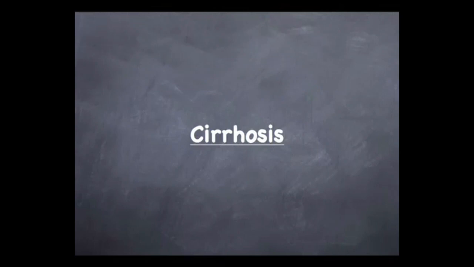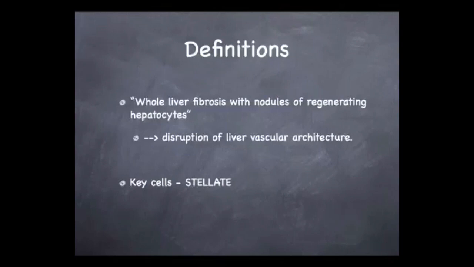The first thing to say about cirrhosis is that only a minority of people with chronic liver disease go on to develop cirrhosis, and it's not known why this is. It's thought there are possible susceptibilities in certain individuals that can predispose to this process. Basically, cirrhosis is a state of whole liver fibrosis with nodules of regenerating hepatocytes that results in distortion of liver vascular architecture.